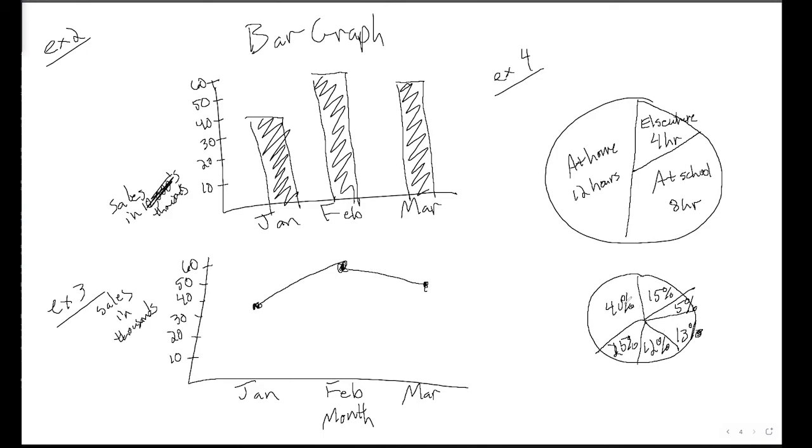So a lot of times you'll have percentages because it all has to add up to 100%. So maybe this is your budget and this much goes towards groceries. This one goes towards rent or things like that. Okay? So a pie graph or a circle graph is used to visualize parts of the whole. So this is the whole pie, and then this little slice goes towards this, and this little slice goes towards this.